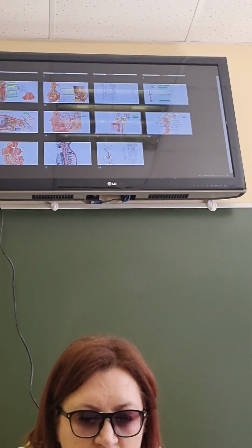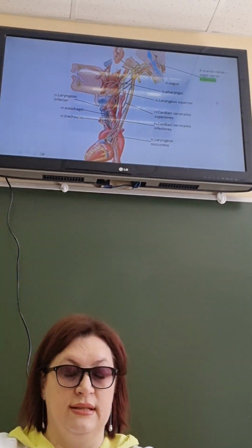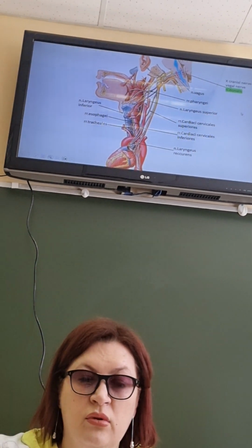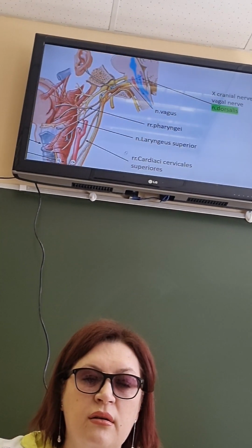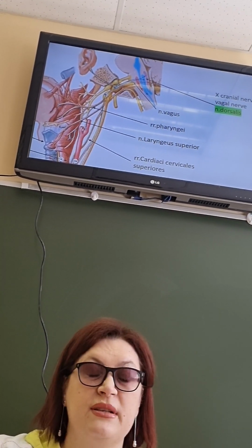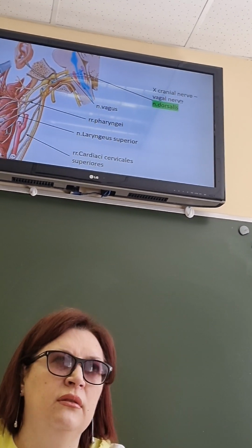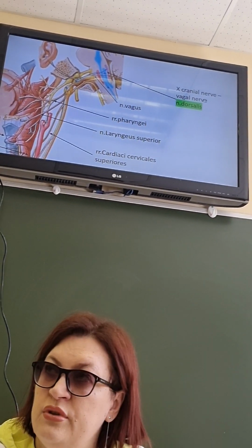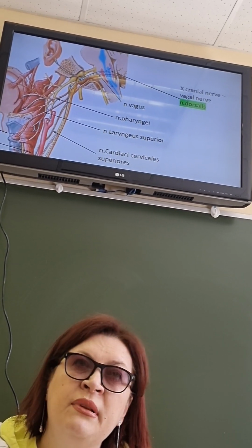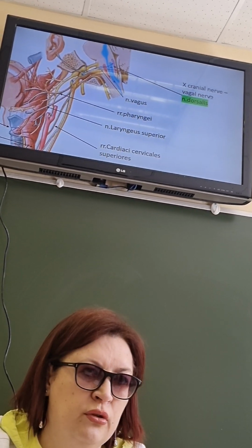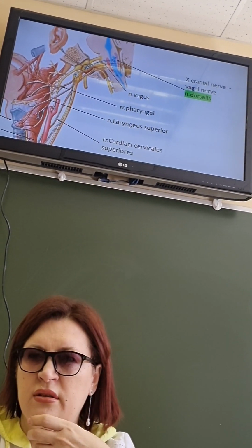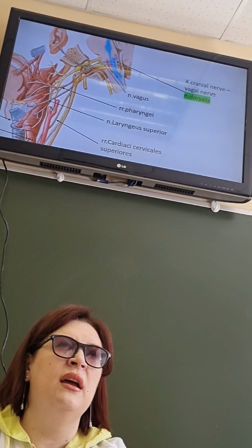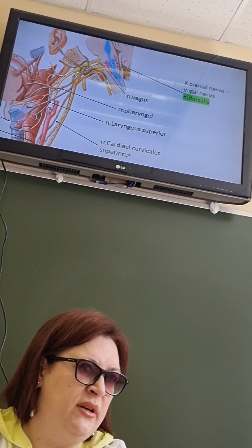And next, dorsal nuclei, the last nuclei of the bulbar center. Dorsal nuclei, the main nuclei of the parasympathetic innervation, because the vagal nerve supplies a lot of internal organs: head, neck, thoracic cavity, and abdominal cavity, except the pelvic region.